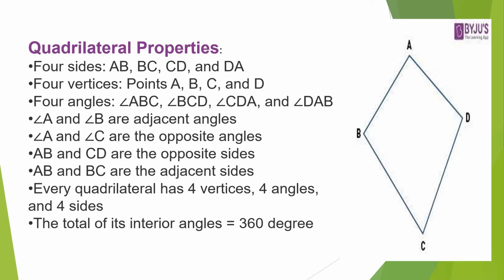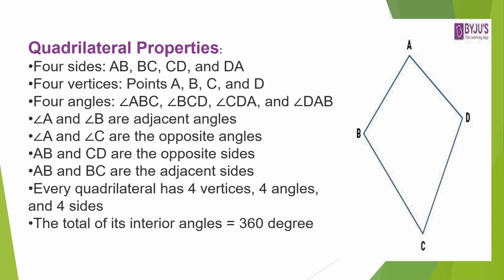If we consider angle A, angle B and angle D are the adjacent angles for angle A. For angle B, angle A and angle C are the adjacent angles. For angle C, angle B and angle D are the adjacent angles. Then for angle D, angle C and angle A are the adjacent angles.